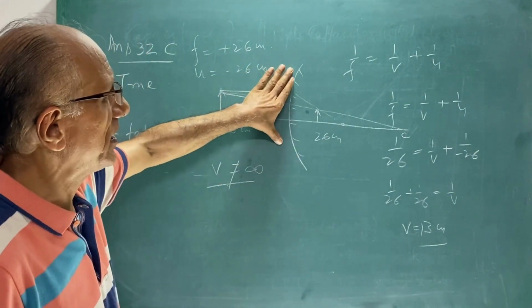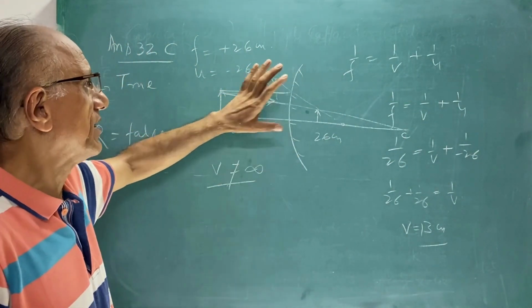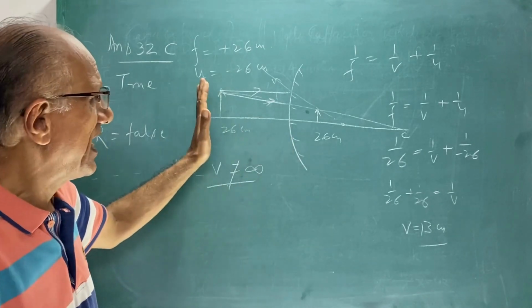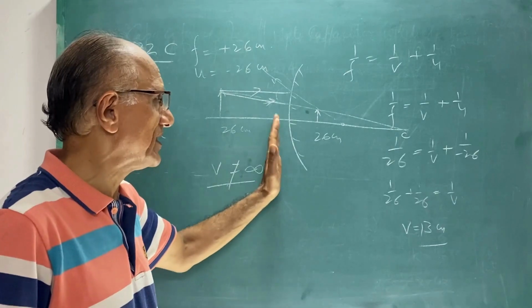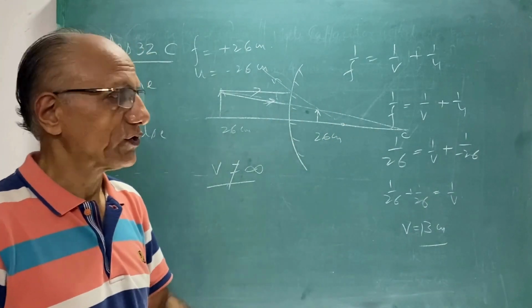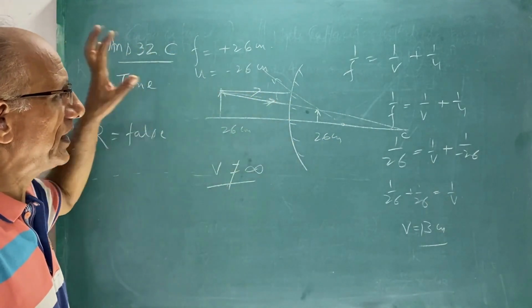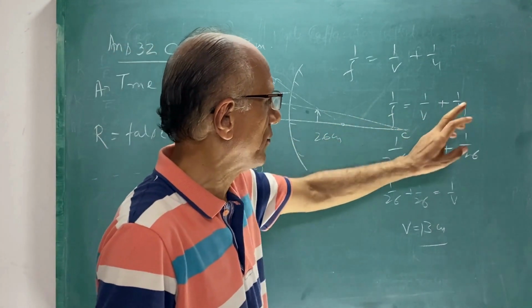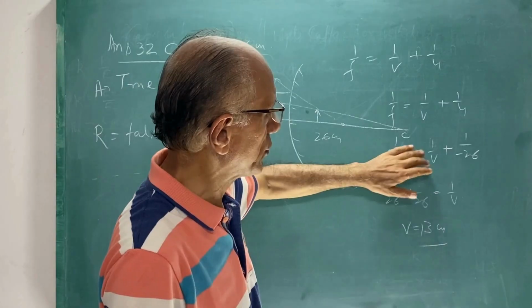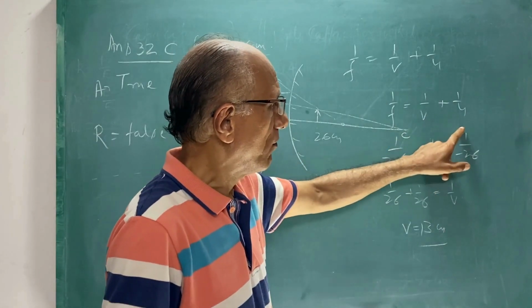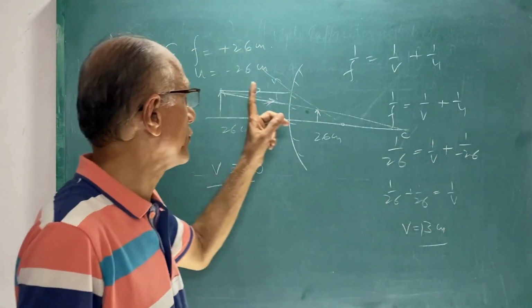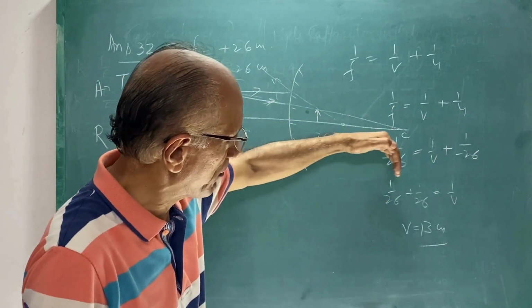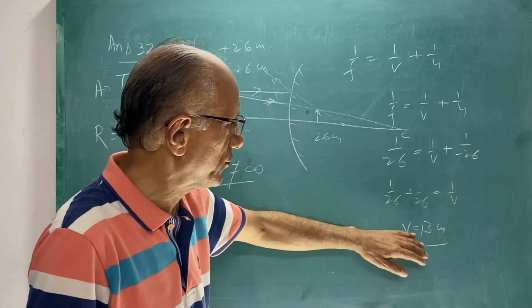As far as a convex mirror is concerned, the image is always virtual, erect and smaller, and it is behind the mirror. So the question of infinity doesn't arise, because 1 by f equals 1 by v plus 1 by u. So 1 by 26 equals 1 by v plus 1 upon minus 26, because u is always negative. So we get 1 by 26 plus 1 by 26 equals 1 by v. So v equals 13.